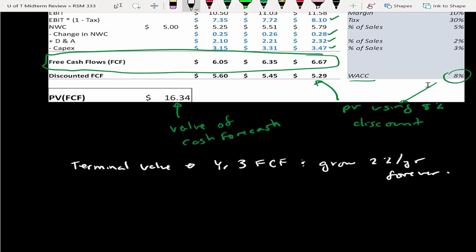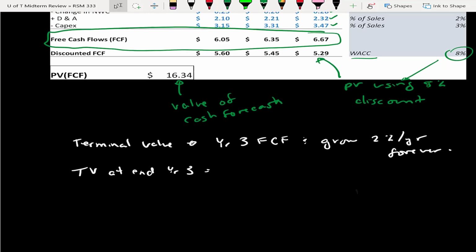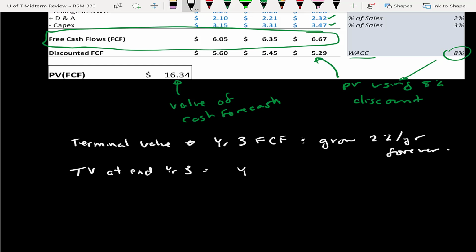Okay, so what we're going to do in order to find out what's the terminal value at the end of year 3. So the terminal value at end of year 3 is equal to year 3 free cash flow times the growth rate of 1 plus 0.02, and then we're going to divide that by the WACC minus the growth rate.